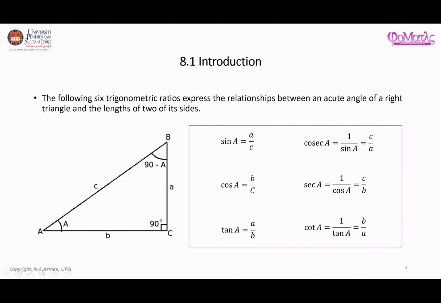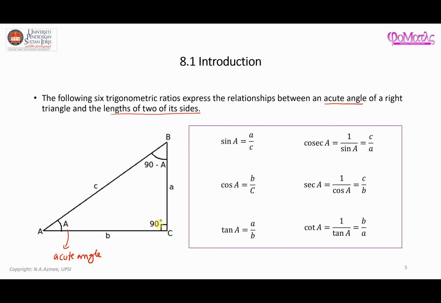Now these are the six trigonometric ratios, which express the relationship between an acute angle of a right triangle and the lengths of two of its sides. A here is the acute angle, which is an angle less than 90 degrees.